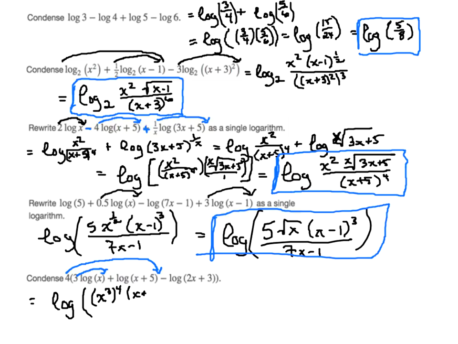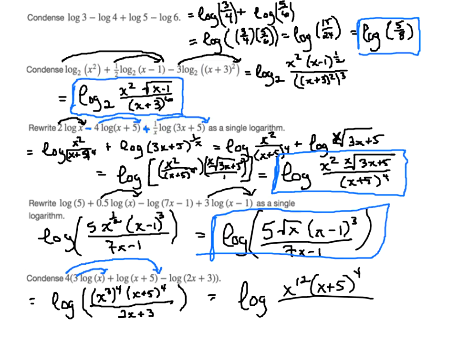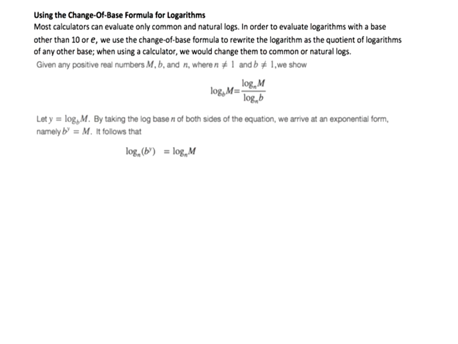And that's times x plus 5 with that 4 for an exponent, and that is being divided by 2x plus 3. So my simplified version of this is log of x to the 12th times x plus 5 to the 4th all over 2x plus 3. There we go.